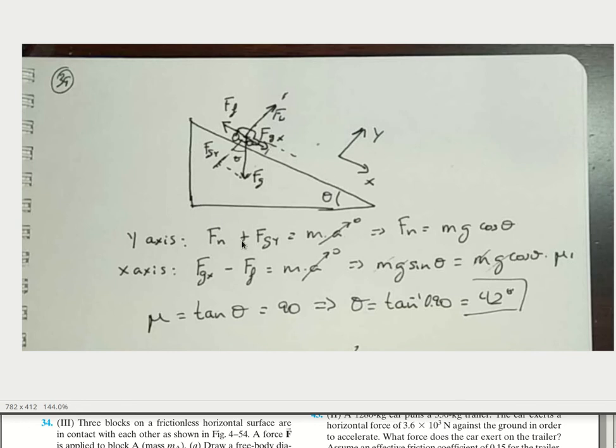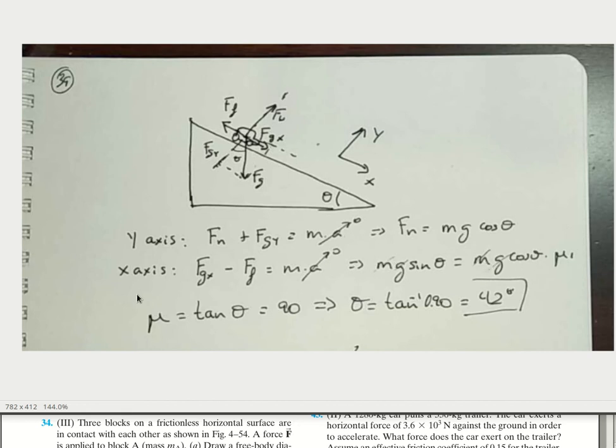Okay. So in the y-axis, as I say, the normal force is equal to the y component of the force due to gravity. So the normal force is mg cosine of theta. In the x-axis, the x component of the force due to gravity is equal to the friction because we don't want it to move. So mg sine of theta is equal to the friction, which is mu times the normal, so it's equal to mu times mg cosine of theta.